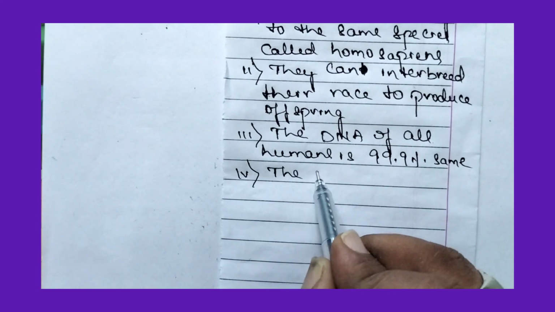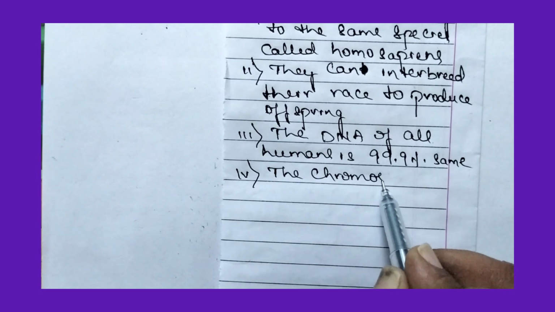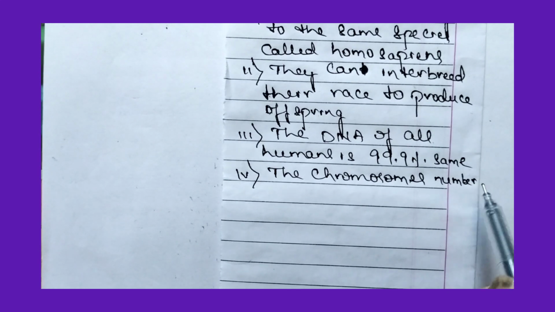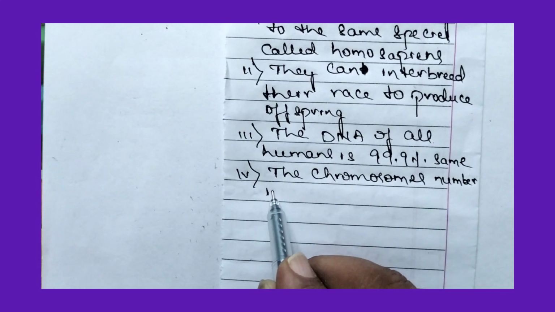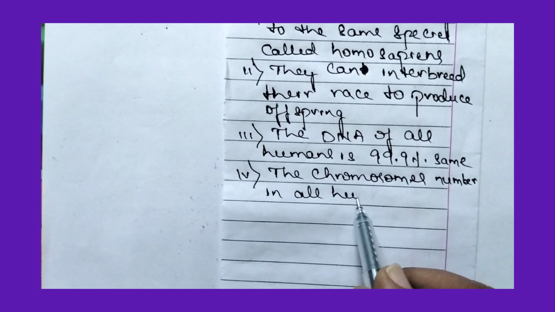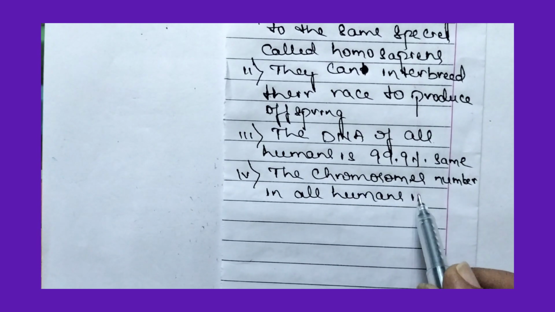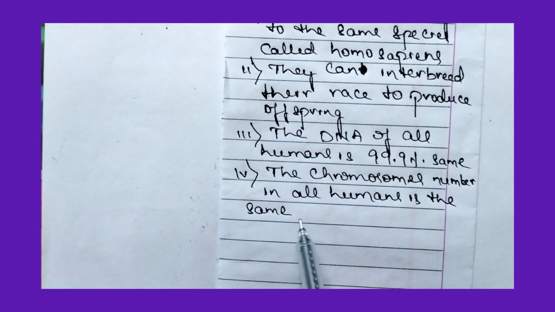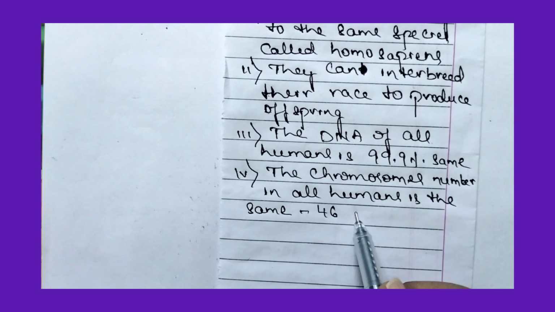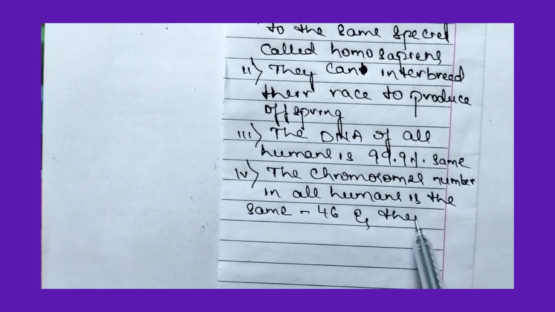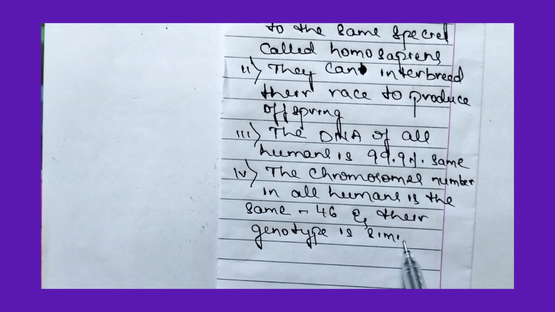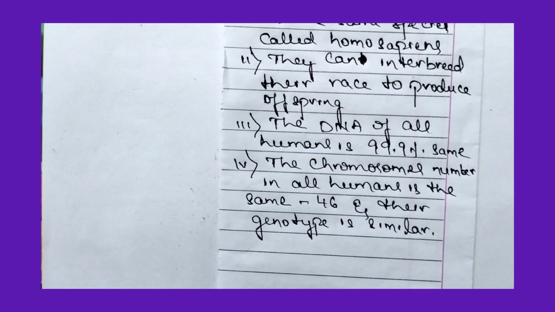The fourth point is the number of chromosomes in all humans is the same, that is 46, and their genotype is similar. So this is the fourth point that you have to write.